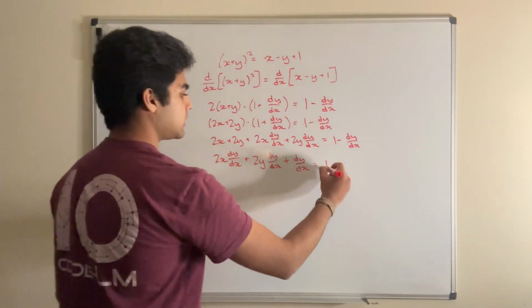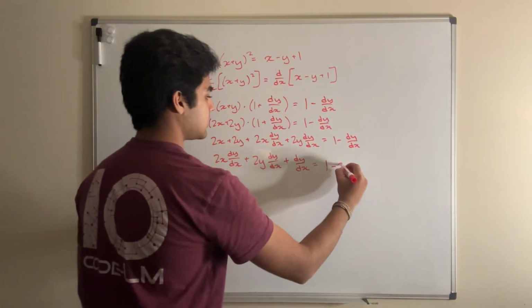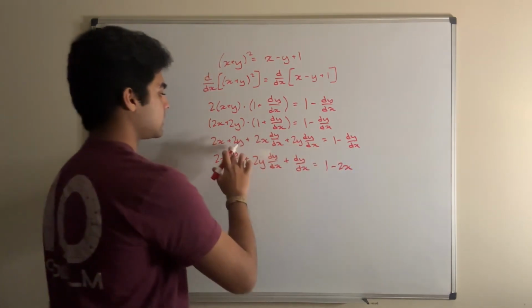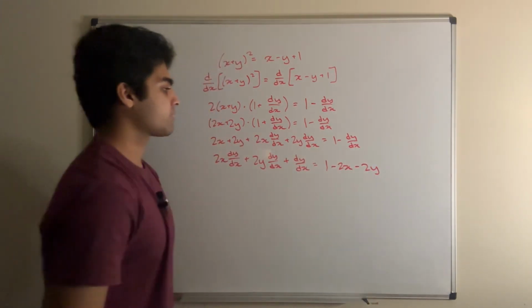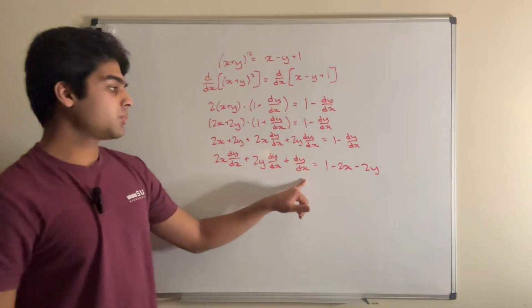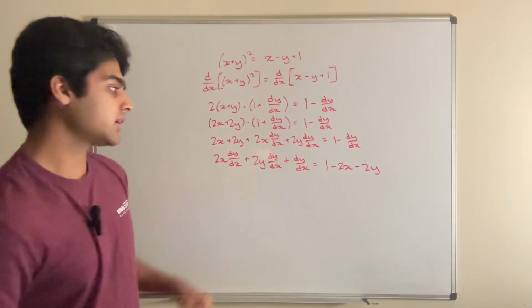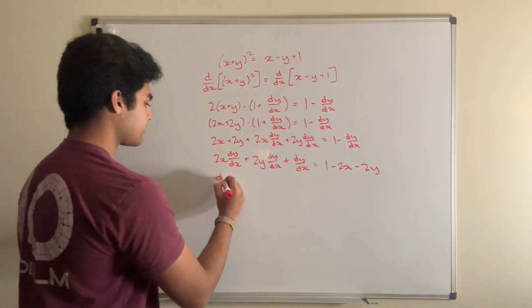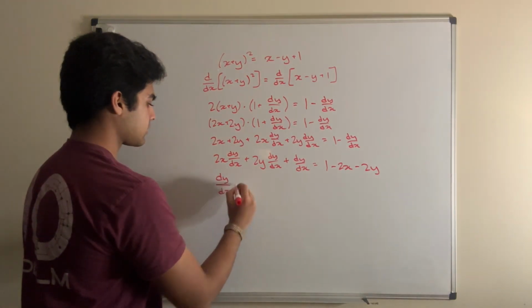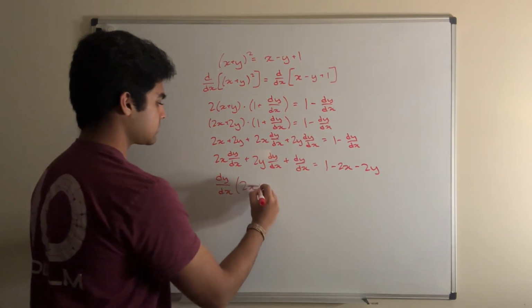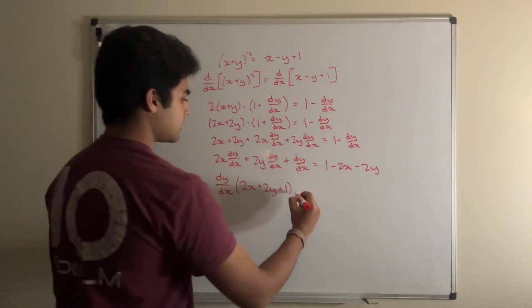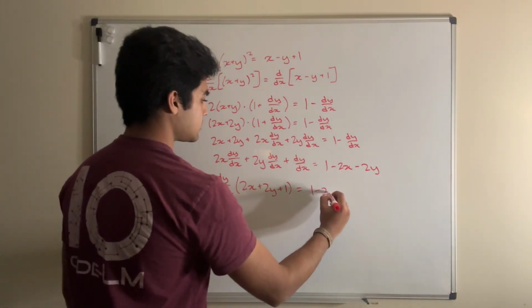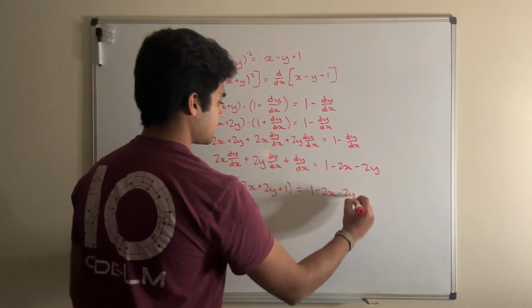So we're going to have 1 minus 2x and then minus 2y. Okay? Now we can factor out a dy over dx on this side. So we get dy over dx times 2x plus 2y plus 1 equals 1 minus 2x minus 2y.